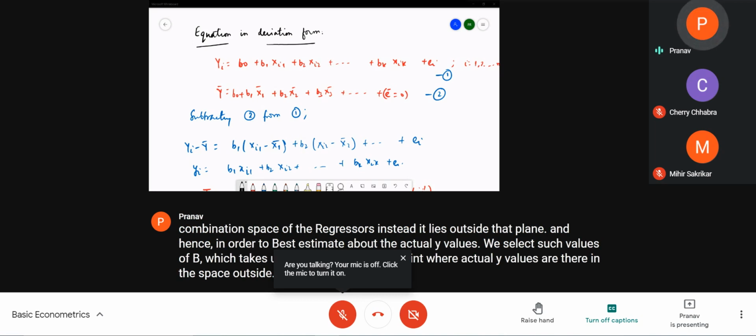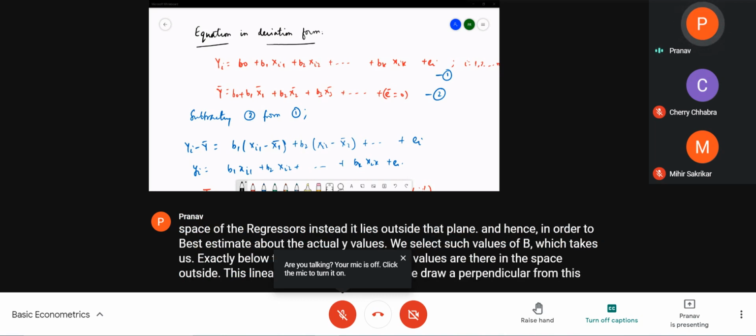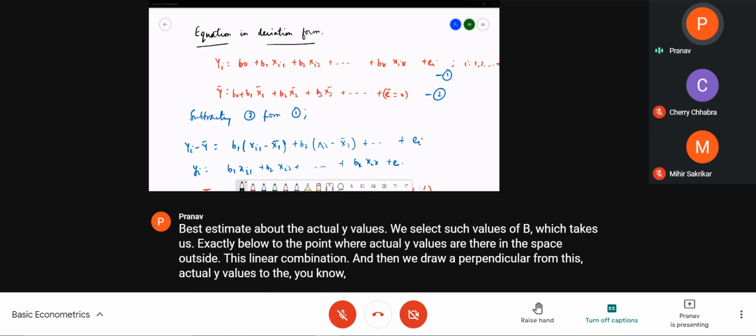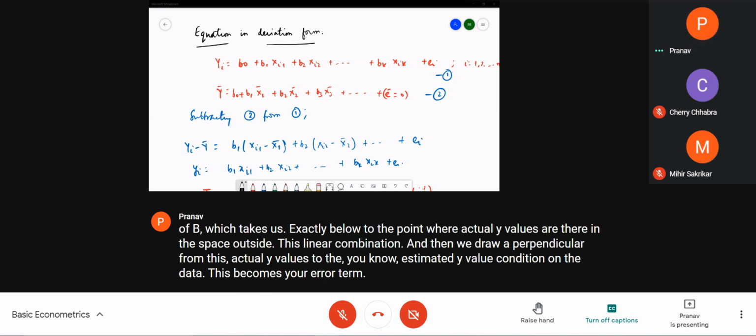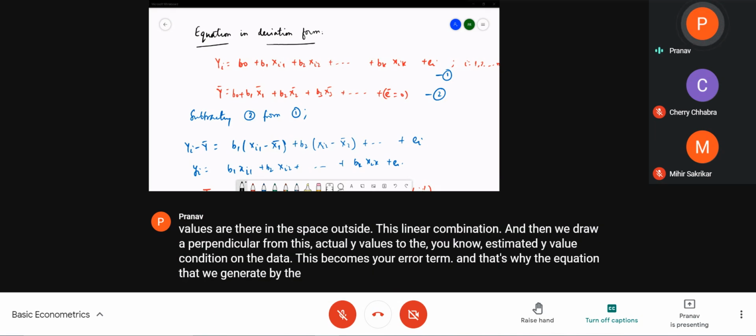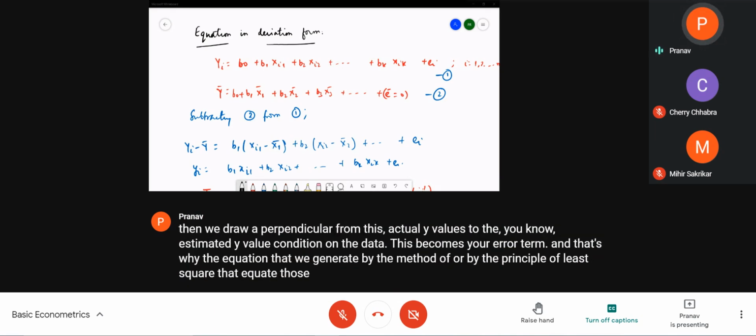And then we drop a perpendicular from this actual y value to the estimated y value conditional on the data. This becomes your error term. And that's why the equations that we generate by the principle of least squares are called normal equations.